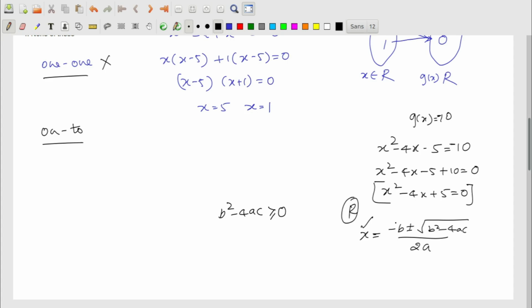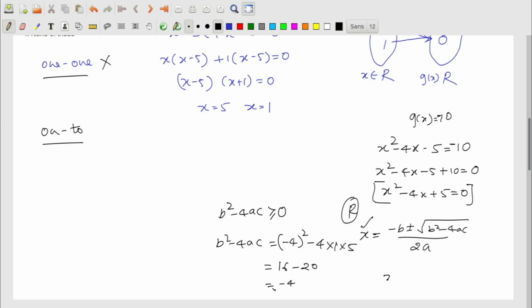So now here, if you substitute or if you find this b square minus 4ac for this question, what will you get? What is b square minus 4 into a and c here? So you will get 16 minus 20, which is equal to minus 4, right?